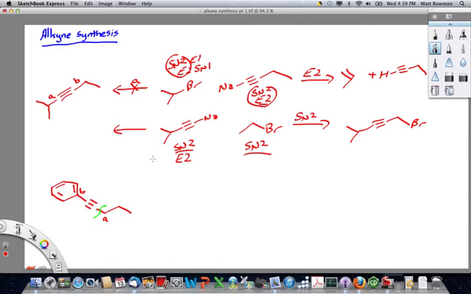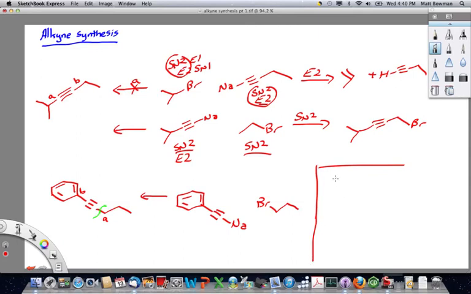So the way this methodology works is simply an SN2 reaction. And since it's an SN2 reaction, you have to follow all the rules of the SN2 reaction, which mainly are: you need a good nucleophile, which the sodium acetylides are.